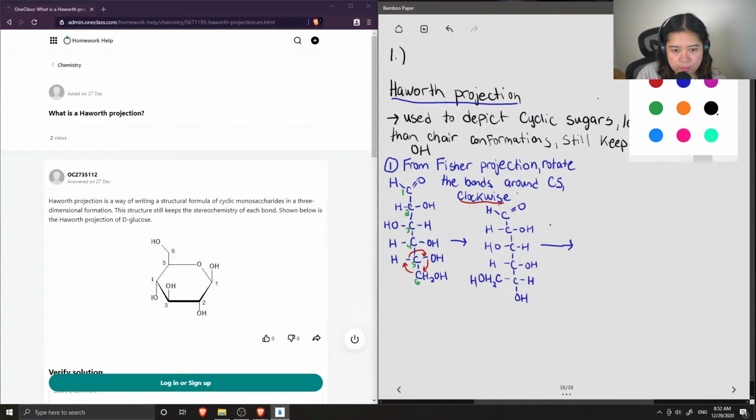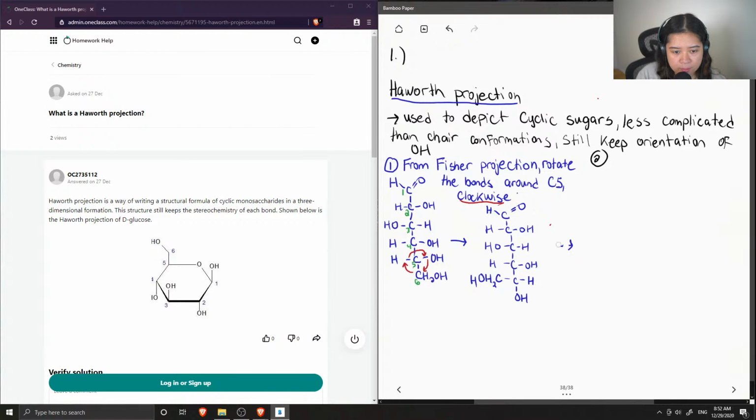So now I'll just write step 2 up here. Write the arrow going up.